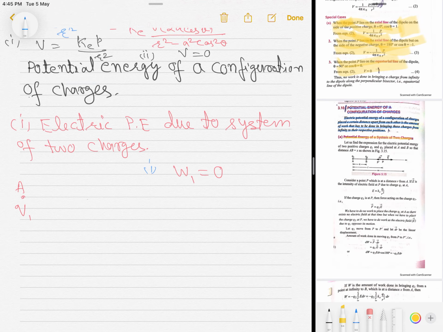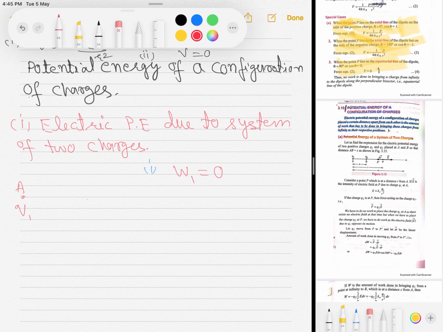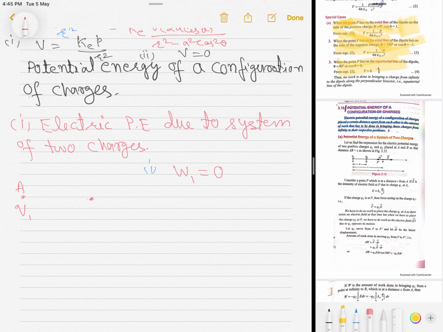Now, we are bringing another charge q2 from infinity to distance r. Now, at point B there will be an electric potential produced by charge q1, and that is V equal to electrostatic constant Ke q1 by r.